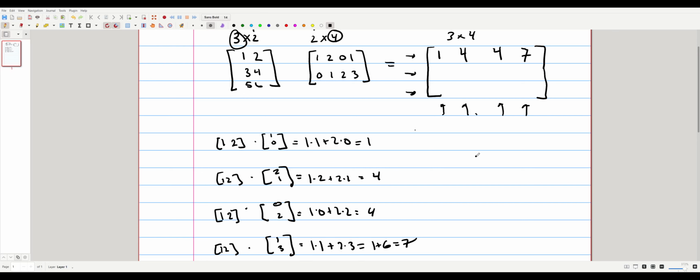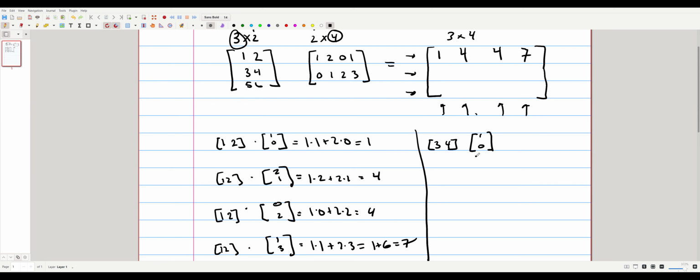Okay. Now let's split this up and do it over here. Now we're looking for the second row, the first column. So the second row is 3, 4, and the first column is 1, 0.